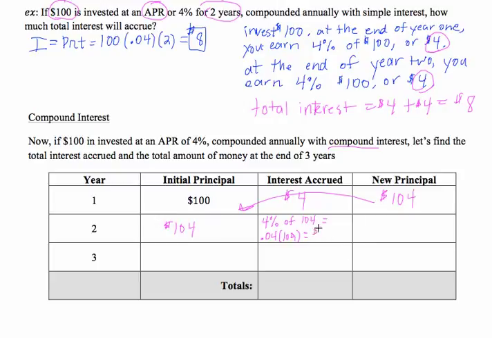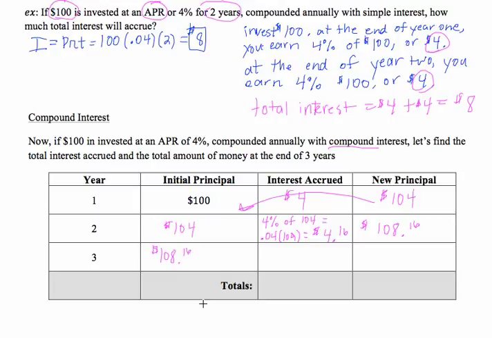So you would earn $4.16. And then you add that on to what you previously had. So $104 plus the $4.16 will be $108.16.